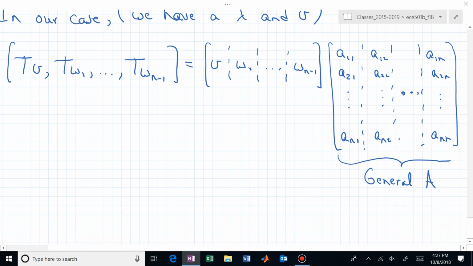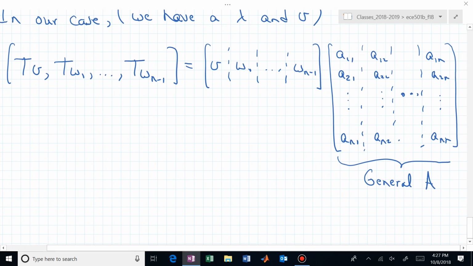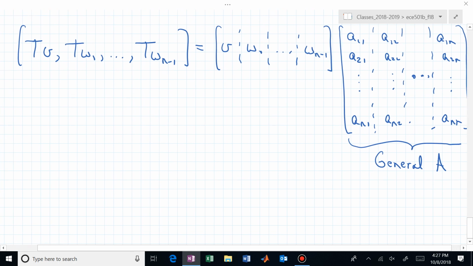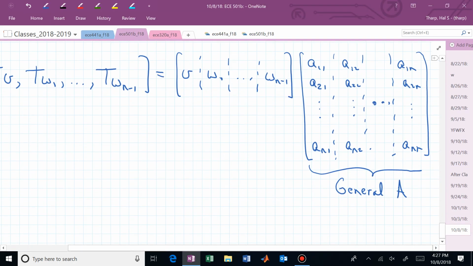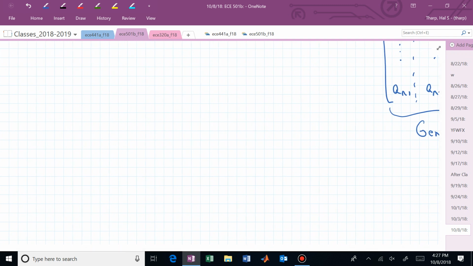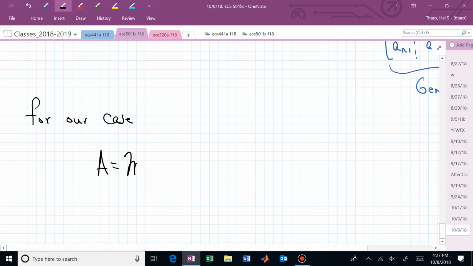For our case, what do we know? Well, we know V is an eigenvector that has as its eigenvalue lambda. And now we can create a much nicer, simpler matrix representation A. So for our case, we actually have A equaling the matrix representation of T. What's in our first column?